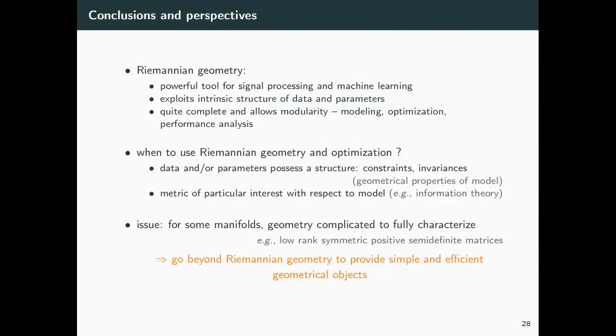But as we saw, it's also sometimes possible to go beyond these problems and to choose alternative geometrical objects which can provide efficient results and obtain good results. Okay, so thank you. That will be all for me.